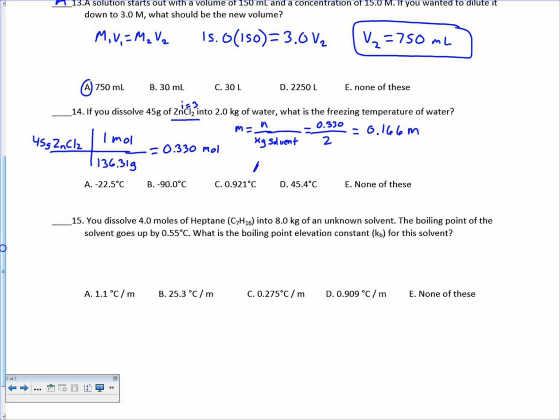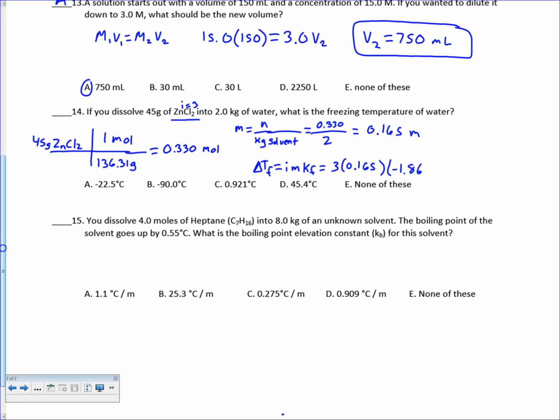Now we're ready to plug it into the equation. The change in freezing temperature equals i times the molality times the freezing point constant for water. In this case, that's 3 times the molality, 0.165, and then times negative 1.86.